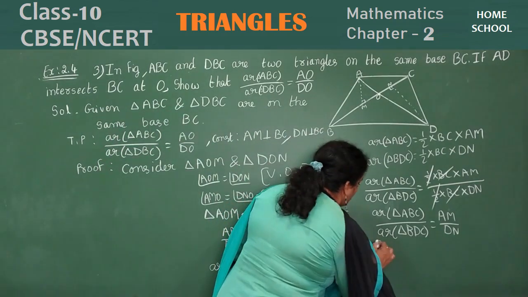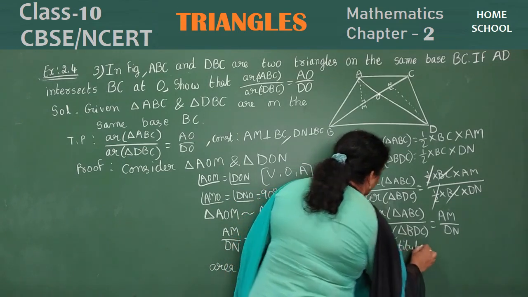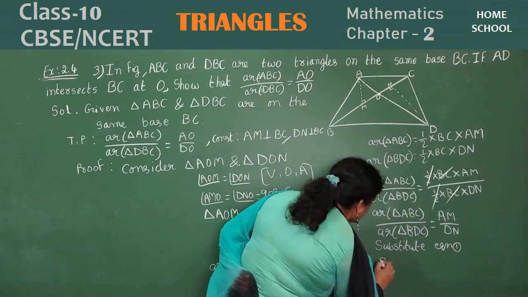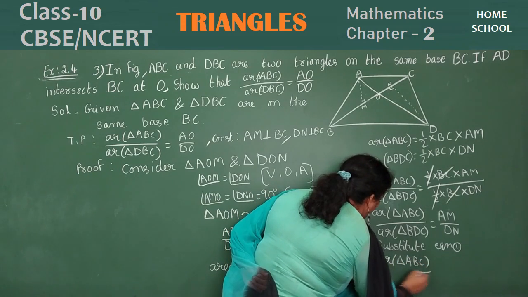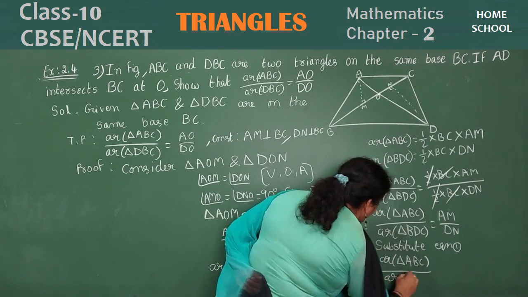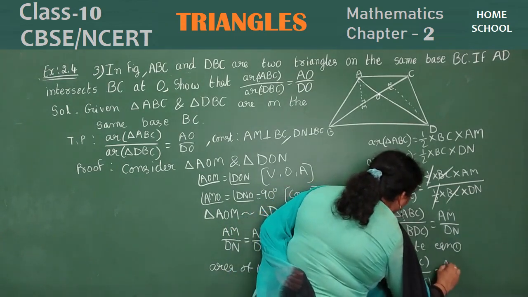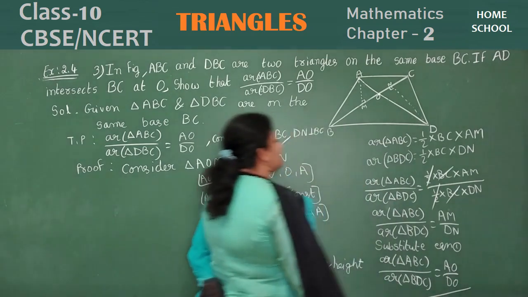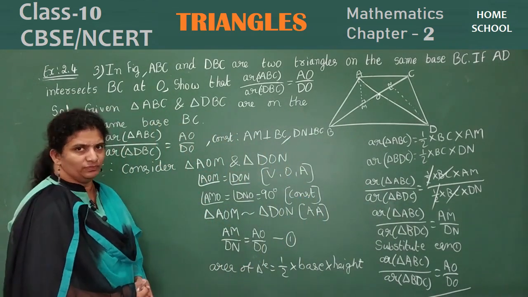So on substituting equation 1 here, area of triangle ABC by area of triangle BDC is equal to AO by DO. Hence, it is proved. This is the thing we needed to prove.